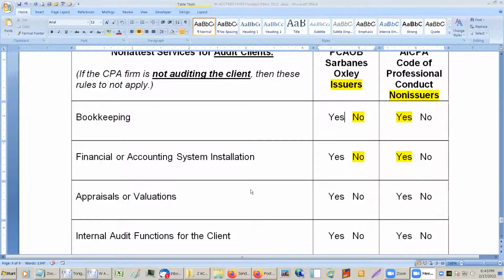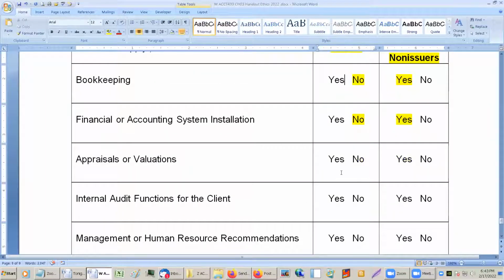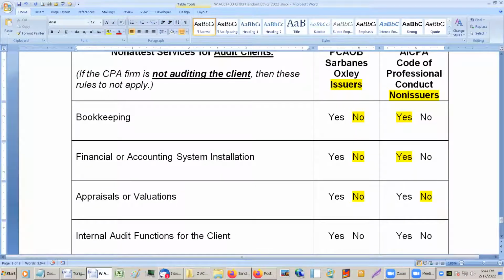Okay. Appraisals or valuations? No. And no. The only way that you can do appraisals or valuations under the AICPA is if they have very clear non-judgmental criteria.